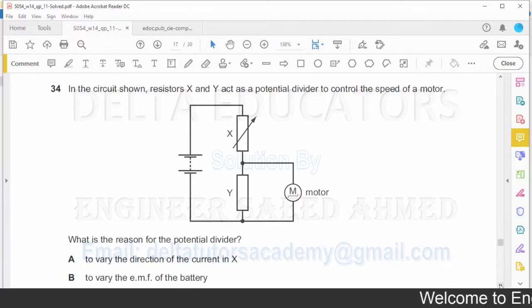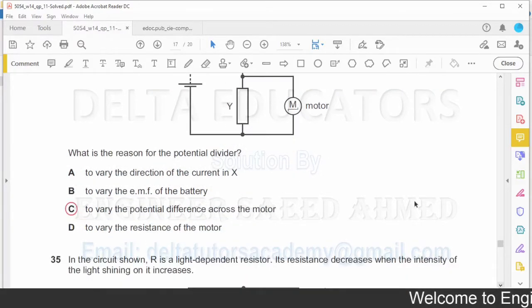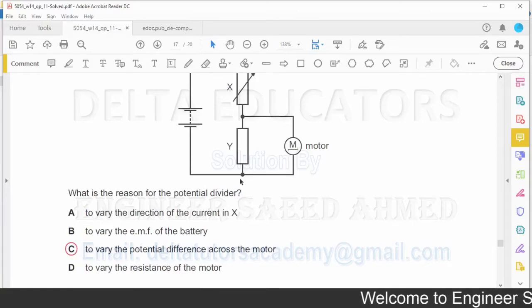Now we will check our options. In option C, it is given to vary the potential difference across the motor. Yes, we can use this potential divider to vary the potential difference across the motor. So our correct option is option C.